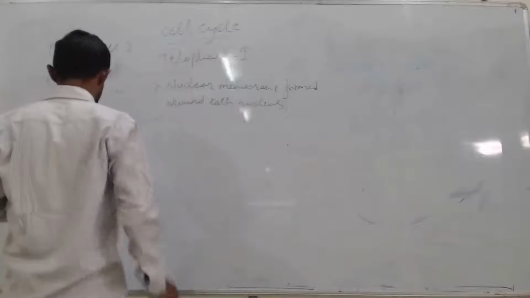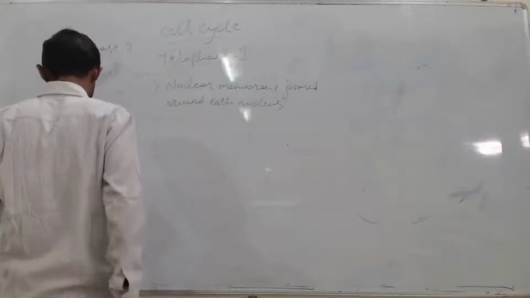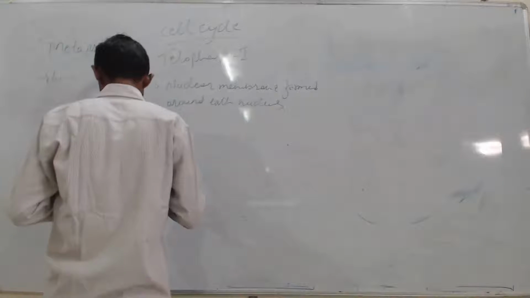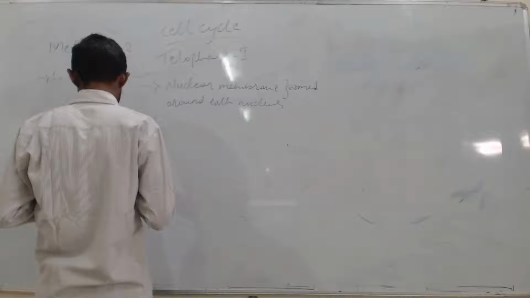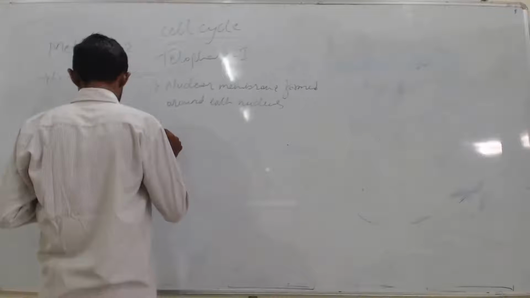At this point, each chromosome still consists of sister chromatids joined at the centromere. The cell divides through cytokinesis into two daughter cells. Each daughter cell receives a nucleus containing the haploid number of chromosomes.